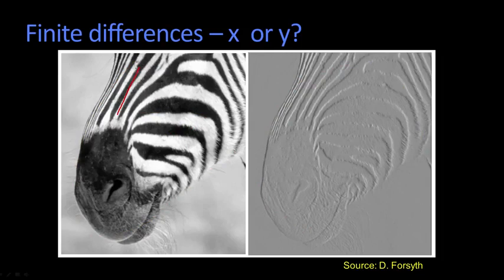Here I have these nice almost vertical stripes, and as I go across, you can see that I get a bright value and a dark value and a bright value and a dark value. So in other words, as I'm seeing changes going horizontally in x, I'm getting different values of whatever this finite difference is. But across here, I have hardly any changes in x and only changes in y, and you'll notice this is not a very strong signal there. So this is going to be a finite difference in x.